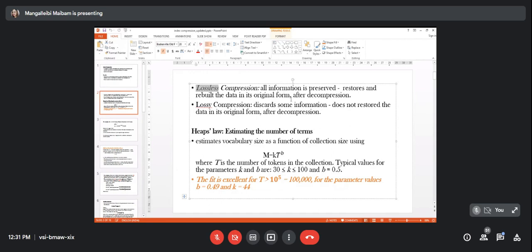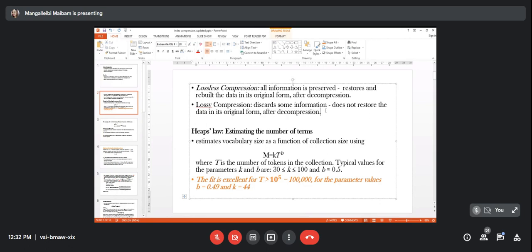In lossy compression, it discards or removes some information, and it does not restore the data in its original form after decompression. So you might lose some data.